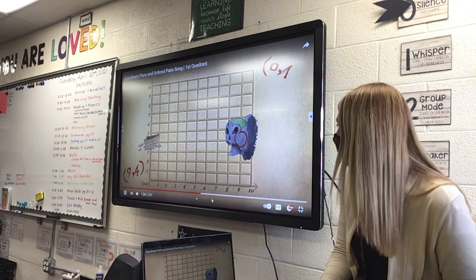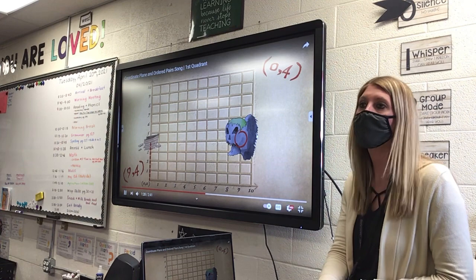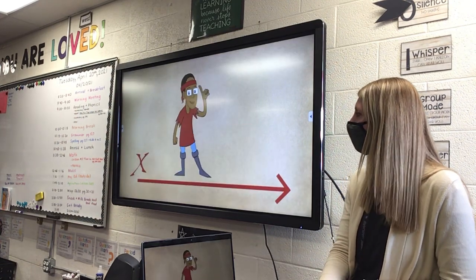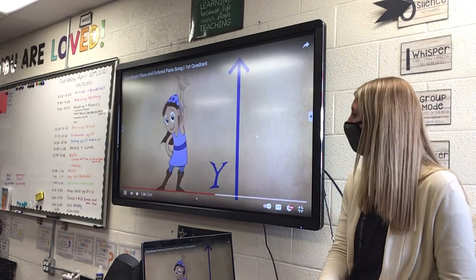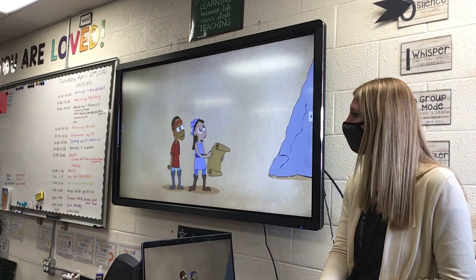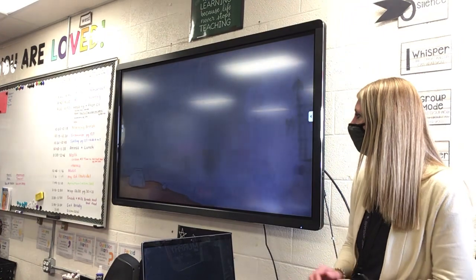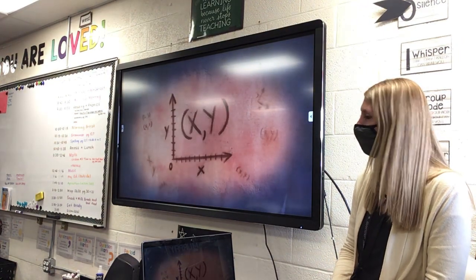With the ordered pair 0, 4, remain at the origin, drop 4 from the floor. On the x-axis, count to the right. On the y-axis, count from the ground. That's how a coordinates point is found. The coordinates are kinda like clues, telling you where to plot the x and y values.